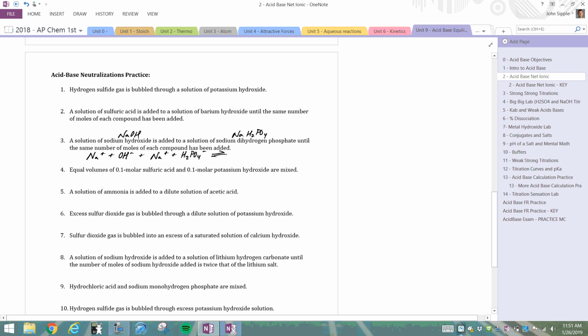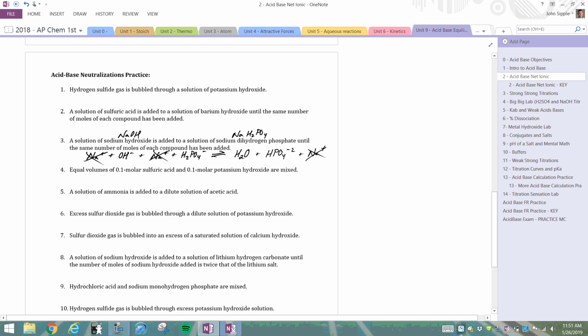The OH is obviously our base, and it's going to accept an H from H2PO4 minus to make H2O and HPO4 2 minus. And we still have some sodium ions floating around. Those sodiums would cancel out here.